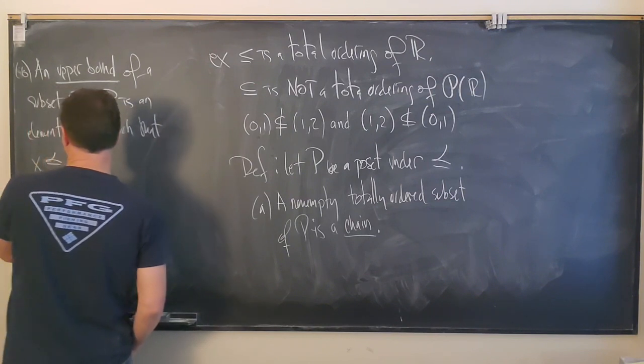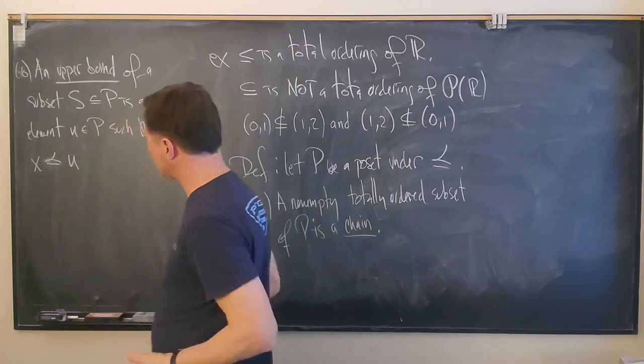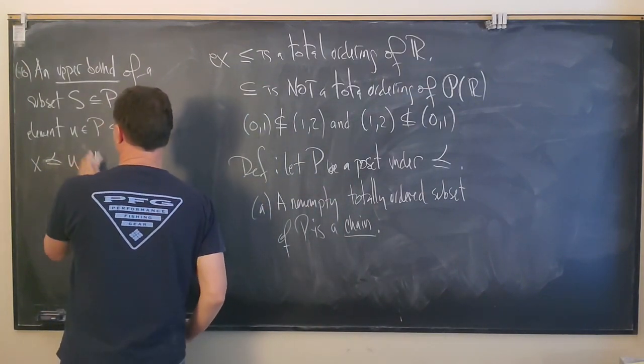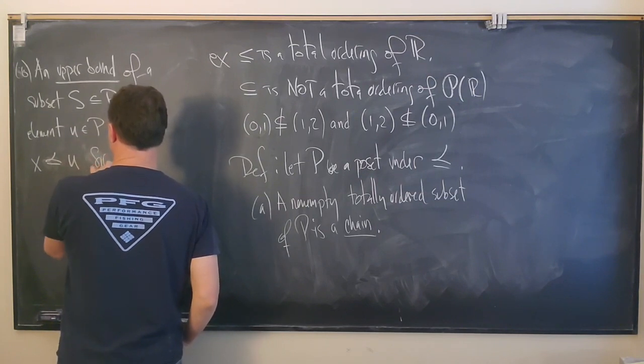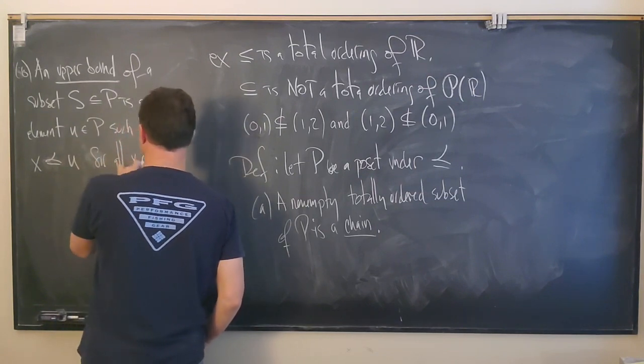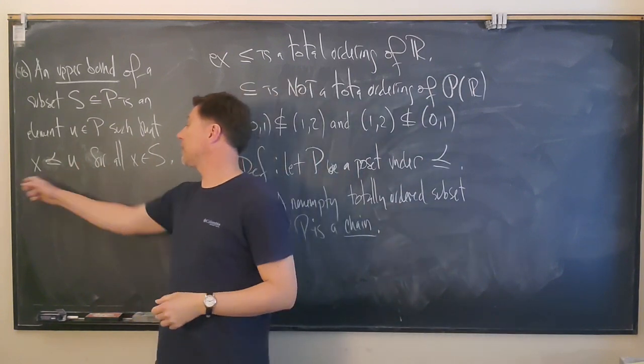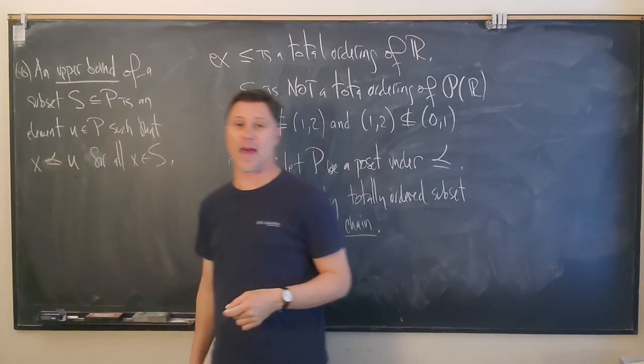I just want to say less than or equal to because you want to think of it as a generalization. So x is related to u for all little x in capital S. So think of it, an upper bound is somebody that's bigger than everybody inside S.